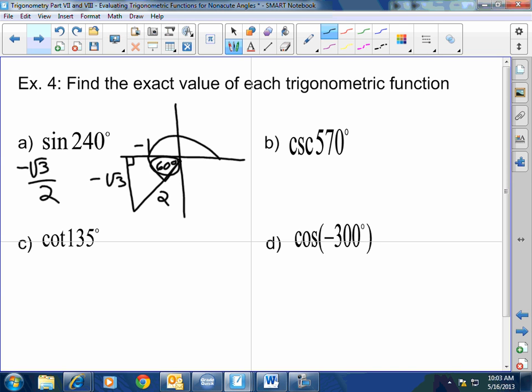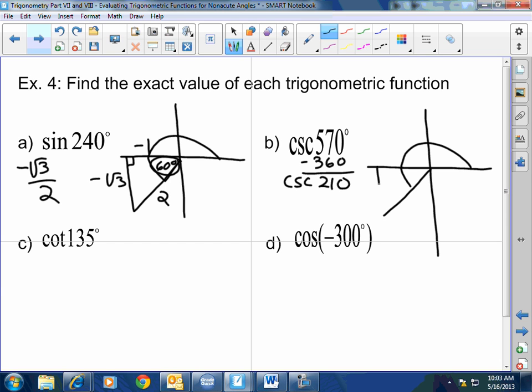Done. What's the cosecant of 570? Do I really want to work with 570? Very good. I'm going to find the coterminal. Very good, 210. So I want the cosecant of 210. So check it out. I go 180 plus 30, right? You with me, guys? I drop my altitude to the x-axis, and I have a 30-degree reference angle. So now, for 30, I got 1, negative square root of 3, and 2.